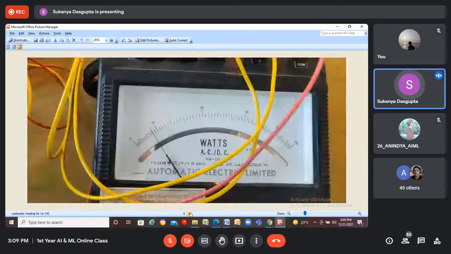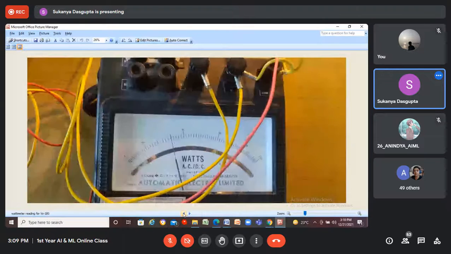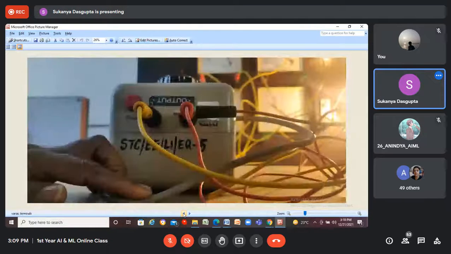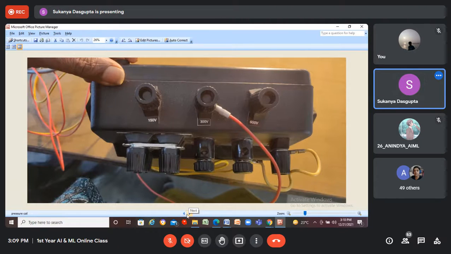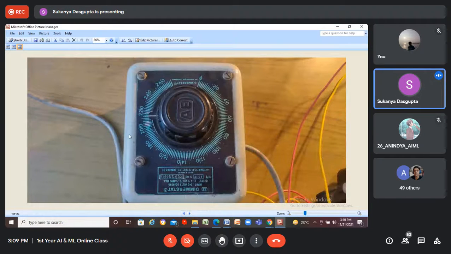And next is the Variac. This is the Variac. This is the phase terminal, this is the neutral terminal, because it has only 2 terminals. It's a single phase Variac, and this will be connected with the supply. This is the top view of this Variac. This is the knob.